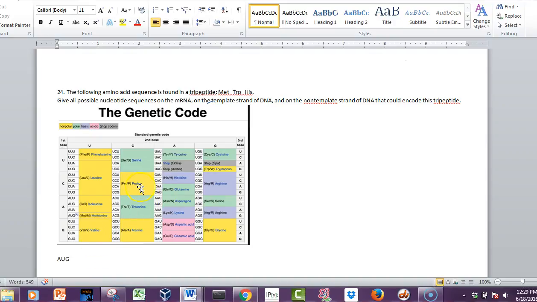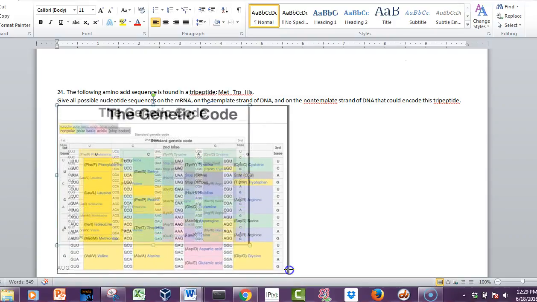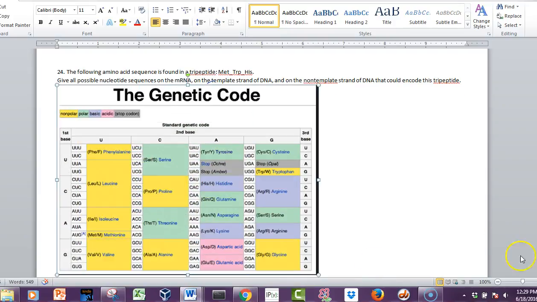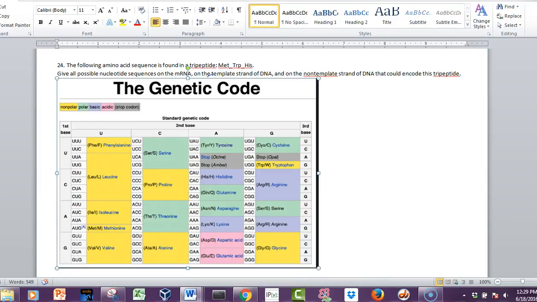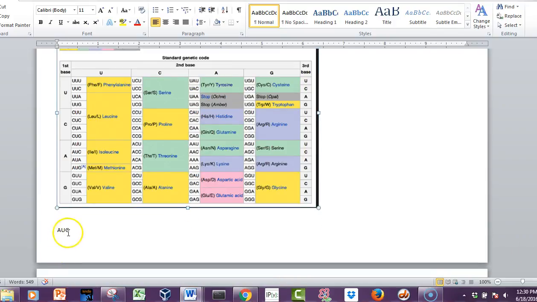Now TRP actually is another one that, let's make this a little bit bigger so we can see what we're doing. So MET, TRP, HIS. Just got to remember that. So we want to figure out the code for MET, TRP, HIS. MET is always AUG.